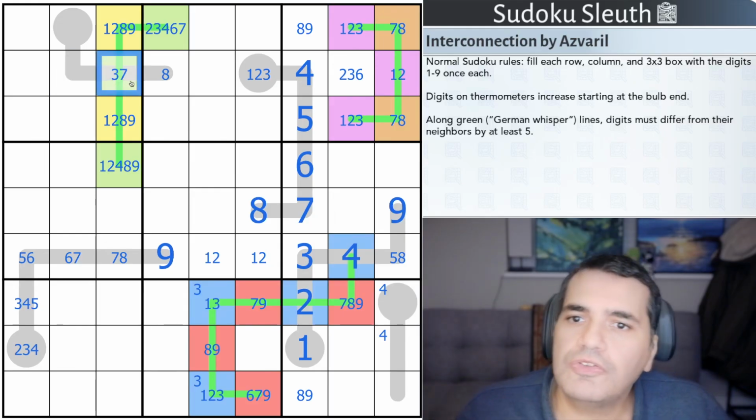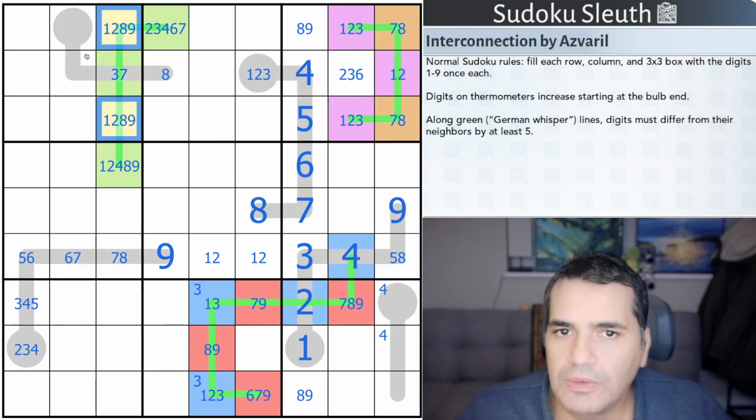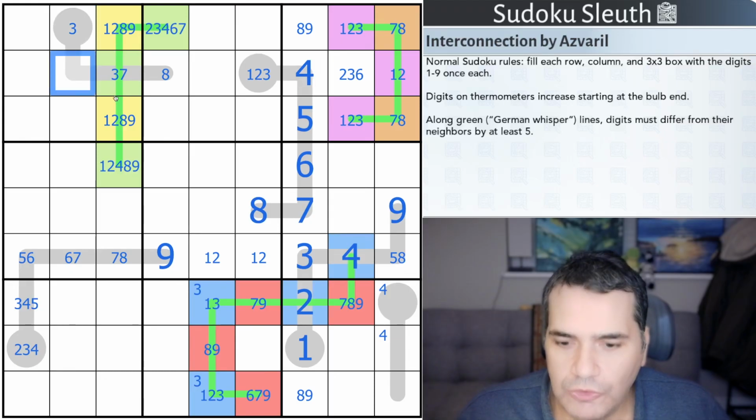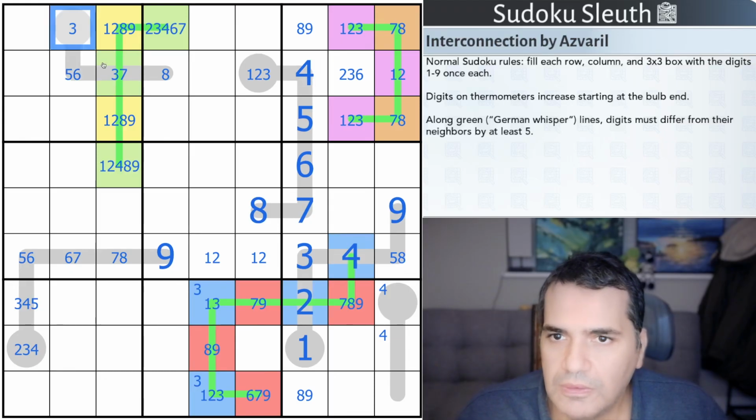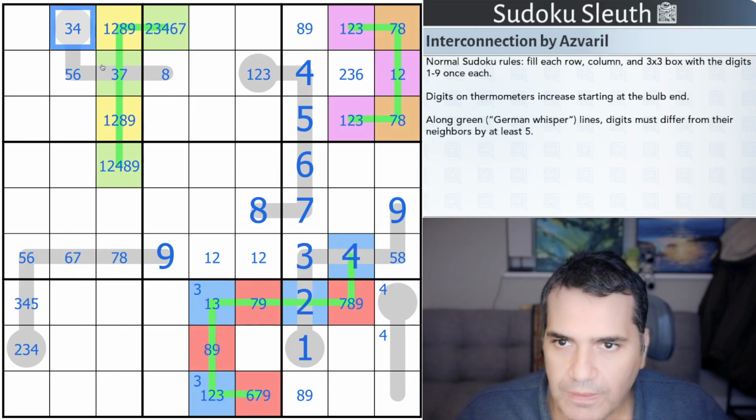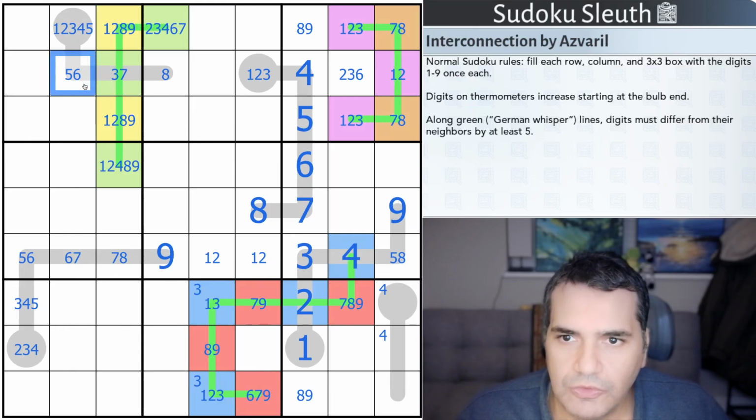Because you see, if this is high, this is 1, 2. So the minimum this is 3. And then I don't have 4. So this would be 5 or 6. And this would be 3, 4, 5, 6. I mean, it's 1, 2, 3, 4, 5, 6. This is 5, 6. Or 2, of course, if this is going to the 1. Interesting.